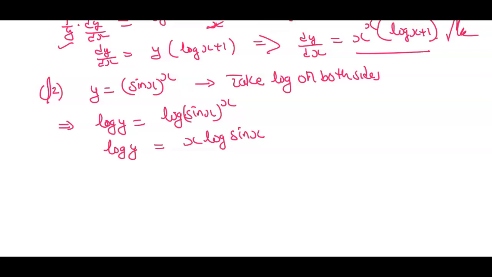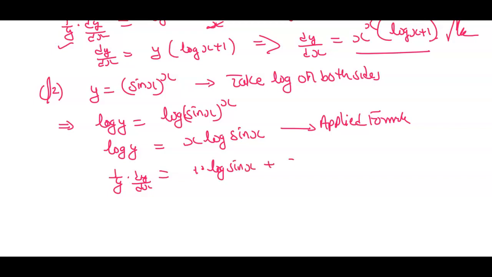log of y, applied the formula here, so it is going to be 1 by y dy by dx. Product rule now, derivative of x is 1, so it is 1 into log sin x.